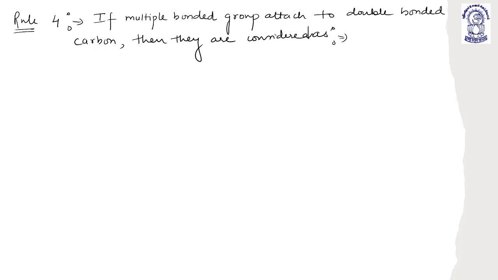Like C double bond O. It will be written like this: this carbon is attached to oxygen twice. When it is C single bond O, this carbon is attached to oxygen which is attached to a further carbon, and this carbon is attached to a further oxygen, like this.